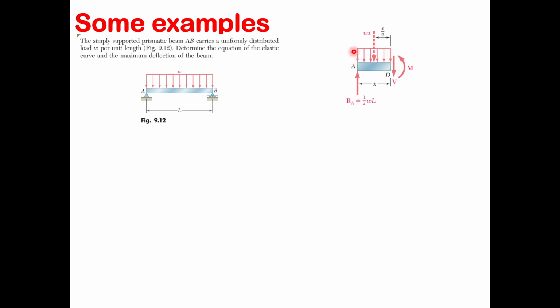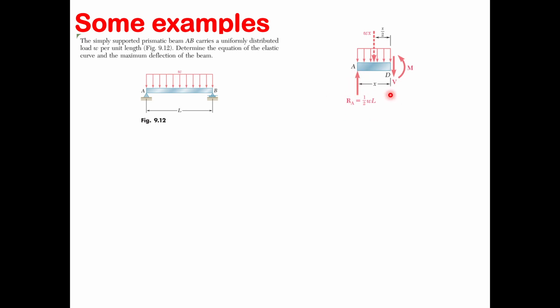The total force that is being applied, the area under this distributed load, multiplied by half of the length, which is x over 2, and then the other moment is going to be reaction force multiplied by x.